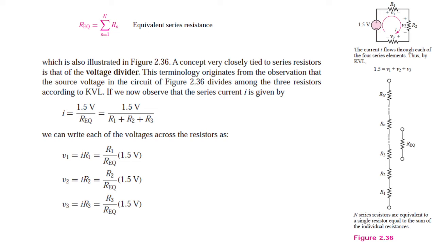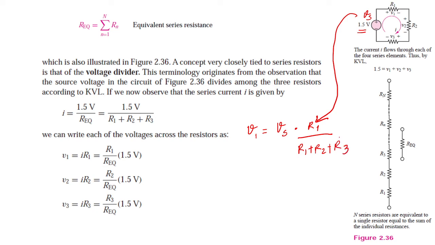But we have the voltage dividing rule. The voltage across R1, V1, will equal Vs, for the general source voltage, multiplied by R1 divided by R1 plus R2 plus R3.